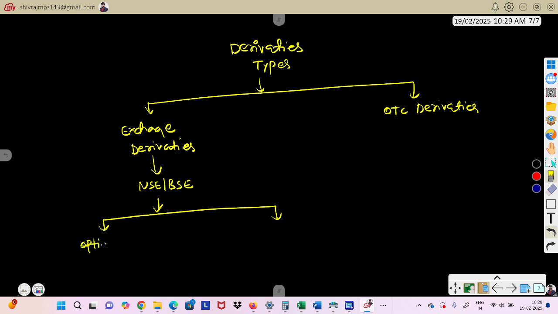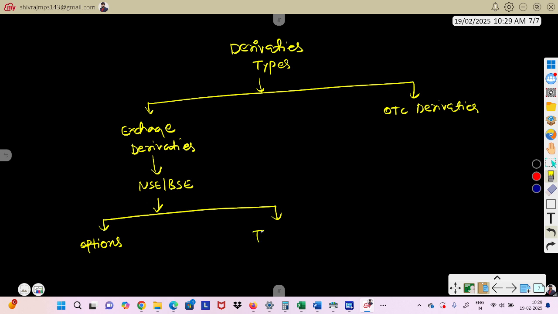One is options. You can purchase options from the NSE and BSE, but what options are, we'll discuss in detail.